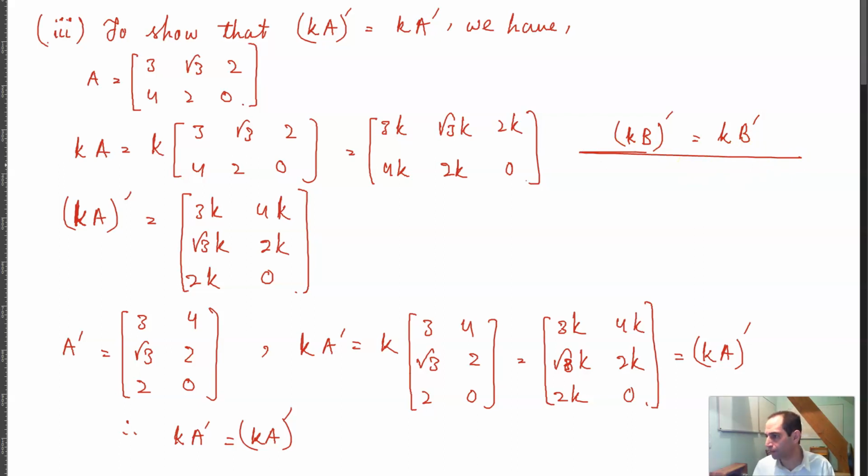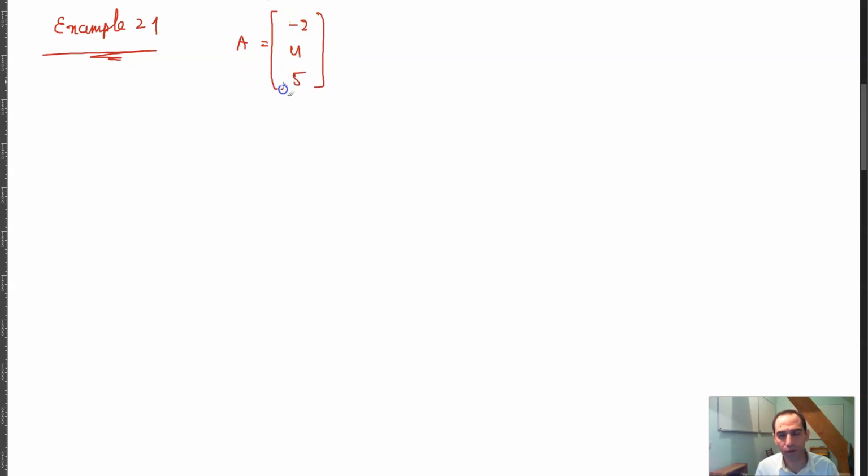So as another example, we can mention example 21, which is A is a matrix as -2, 4, and 5. It's a column matrix.